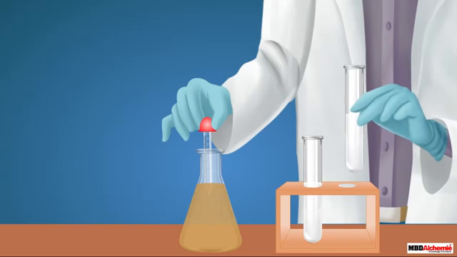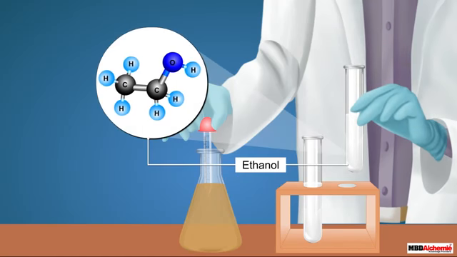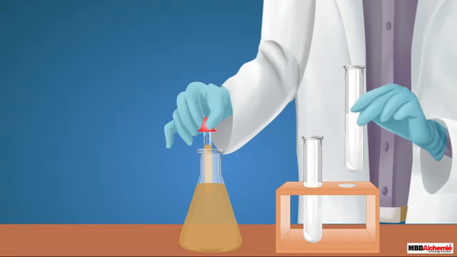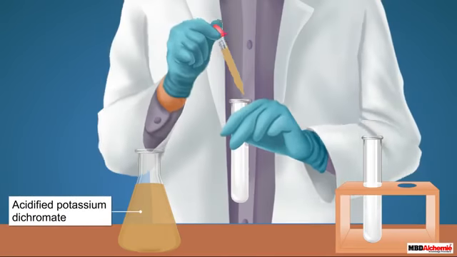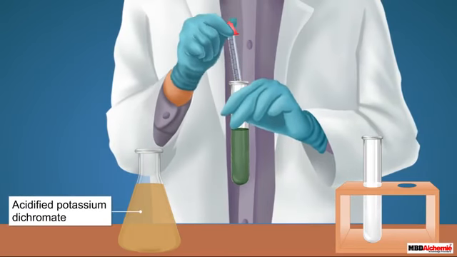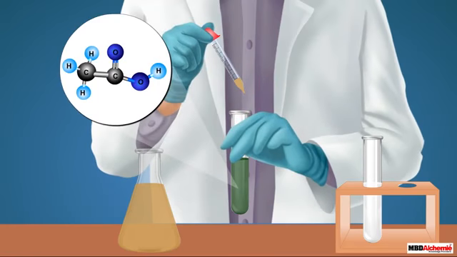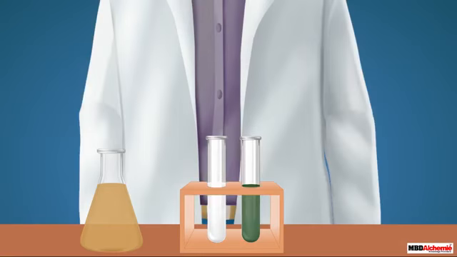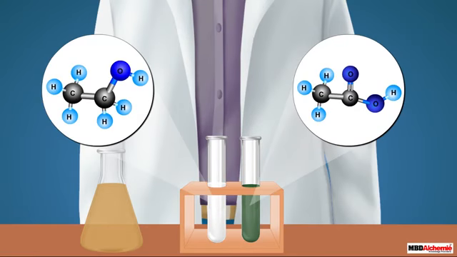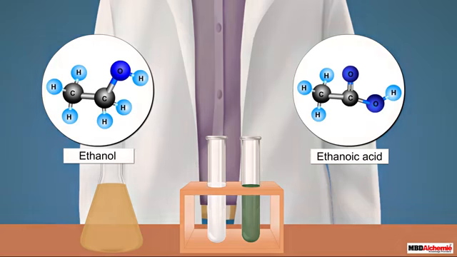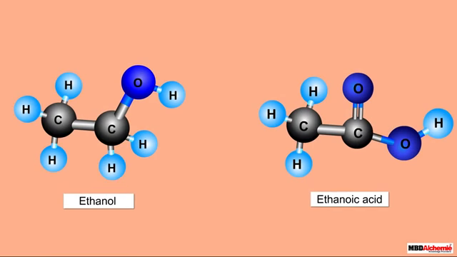Similarly, let's take another carbon compound, ethanol, in a test tube. Now add a small amount of acidified potassium dichromate to it. It will result in the formation of another carbon compound, ethanoic acid. Once again, if we compare the structure of ethanol and ethanoic acid, we see that in an ethanol molecule, there is only one oxygen atom attached to one of the carbon atoms.